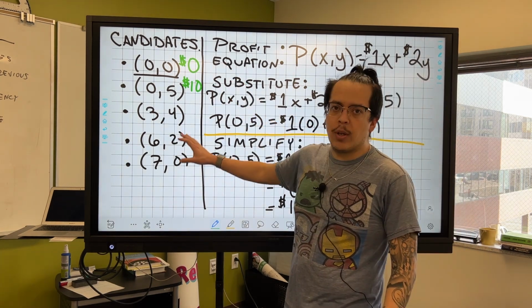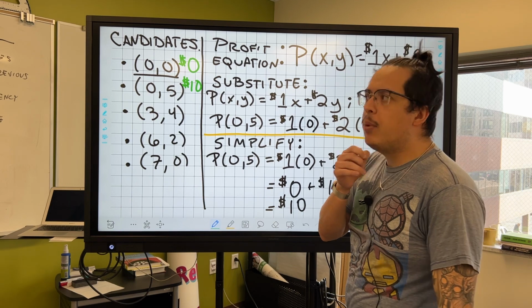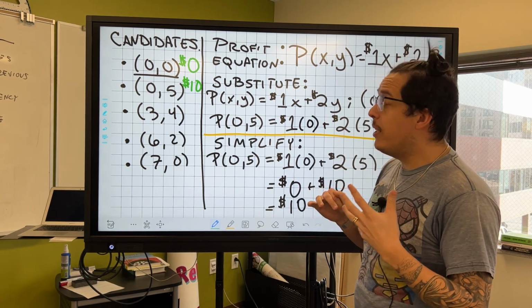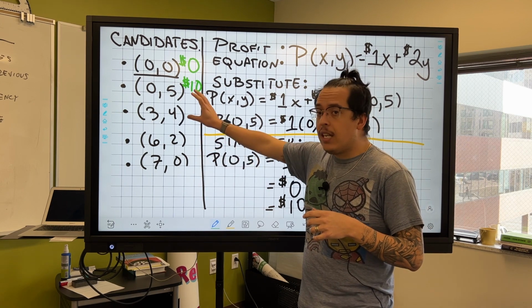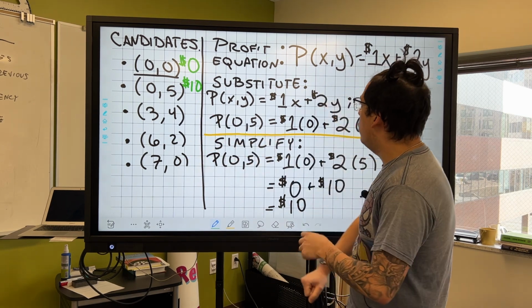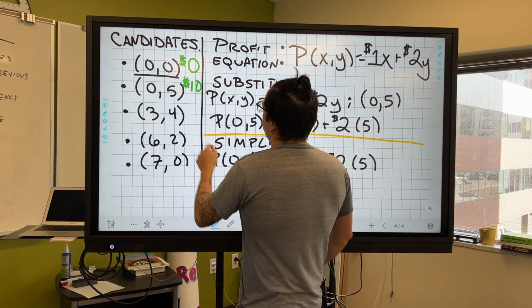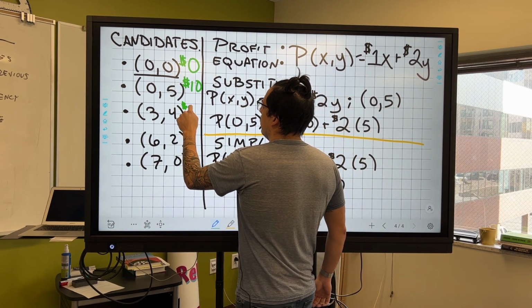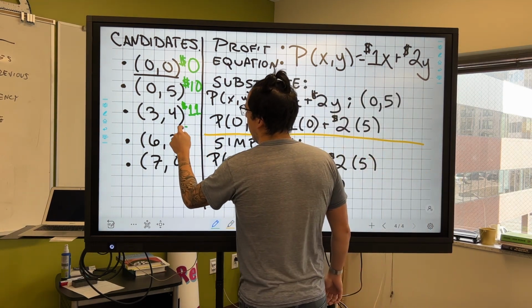I'm going to do the rest of this work mentally. If you can follow along with me, follow along with me. But if you really want that practice, which I think is good practice, substitute and simplify each of our remaining combinations into our equation here. Okay, so that's 8 plus 3 is 11. 4 plus 6 is 10.